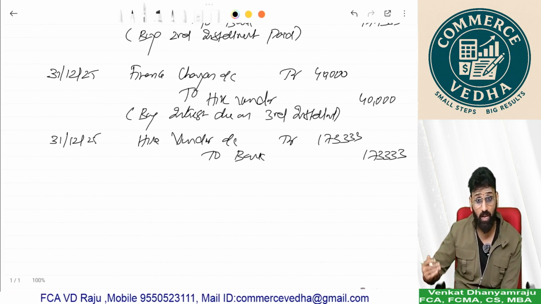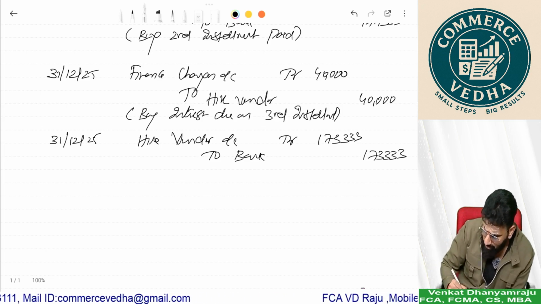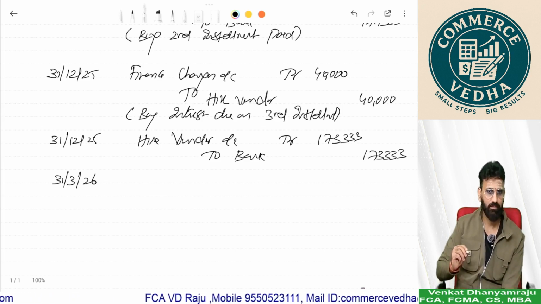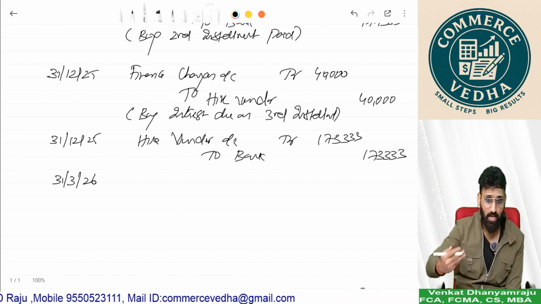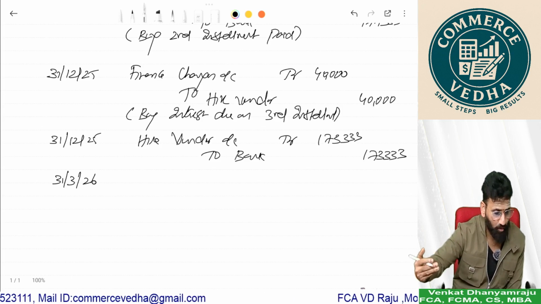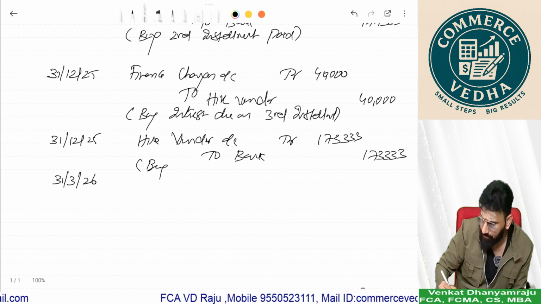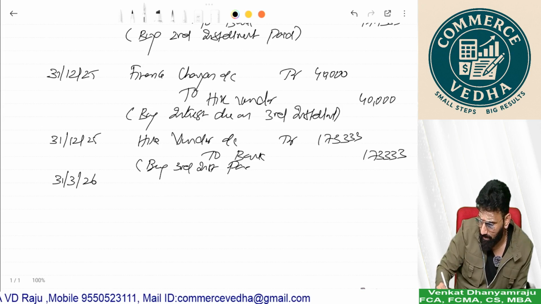After that, at the end of the year, there are a few more entries that we should discuss. So that is 31st March 2026 next year, because December 25, then Jan 26, Feb 26, March 26. So again, here I should write being third installment paid.